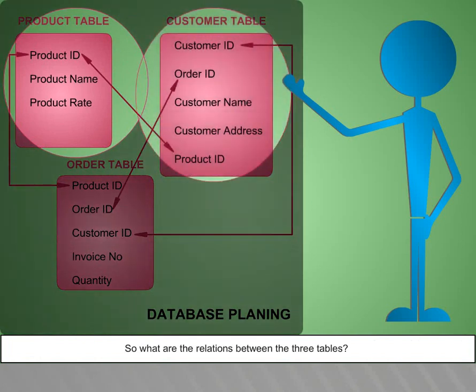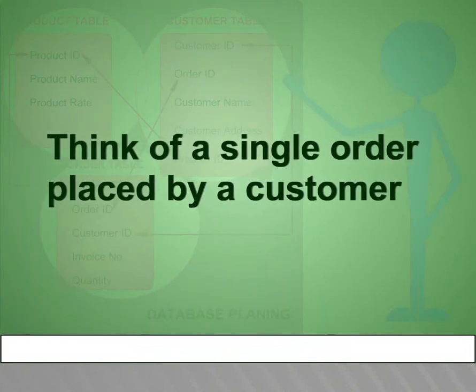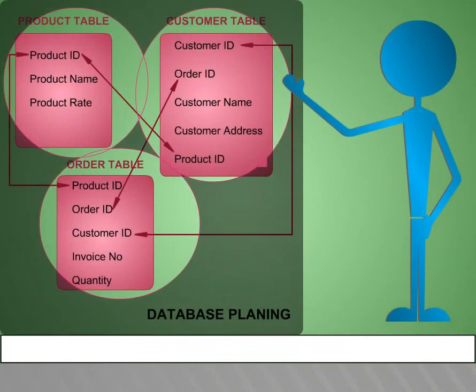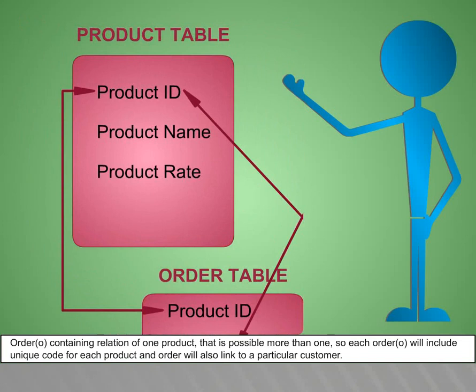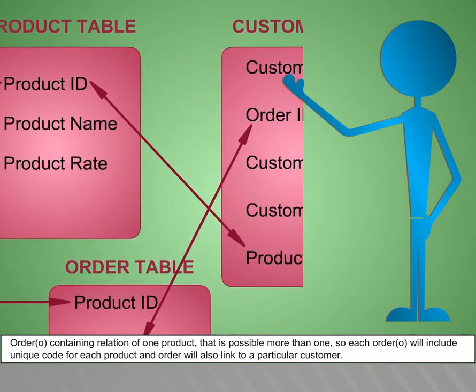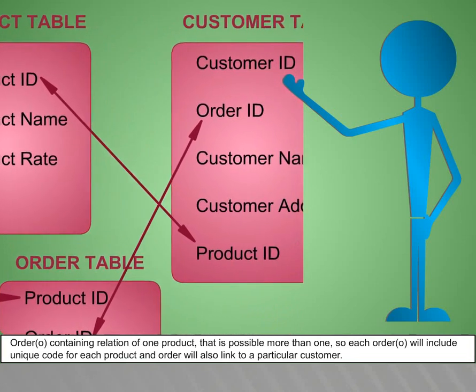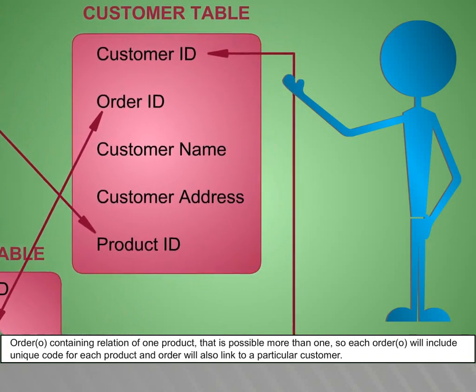So, what are the relations between the three tables? Think of a single order placed by a customer. Order, that is O, containing relation of one product, possibly more than one. So, each order will include unique code for each product, and order will also link to a particular customer.